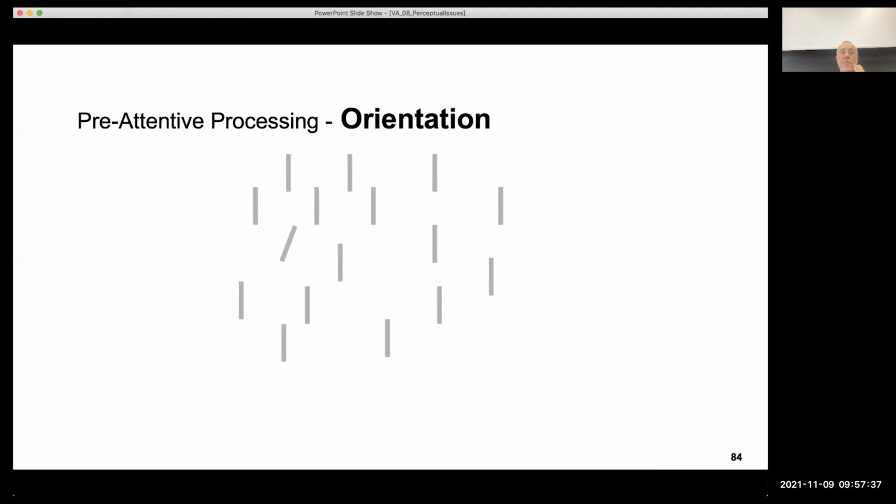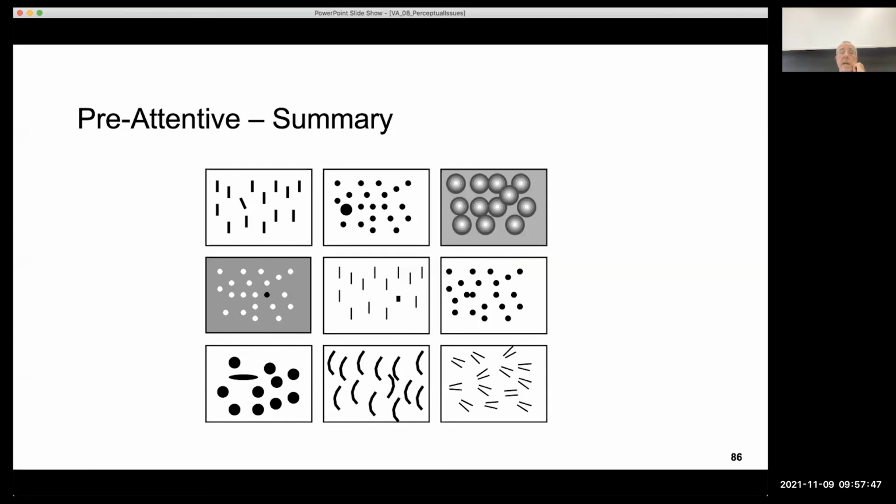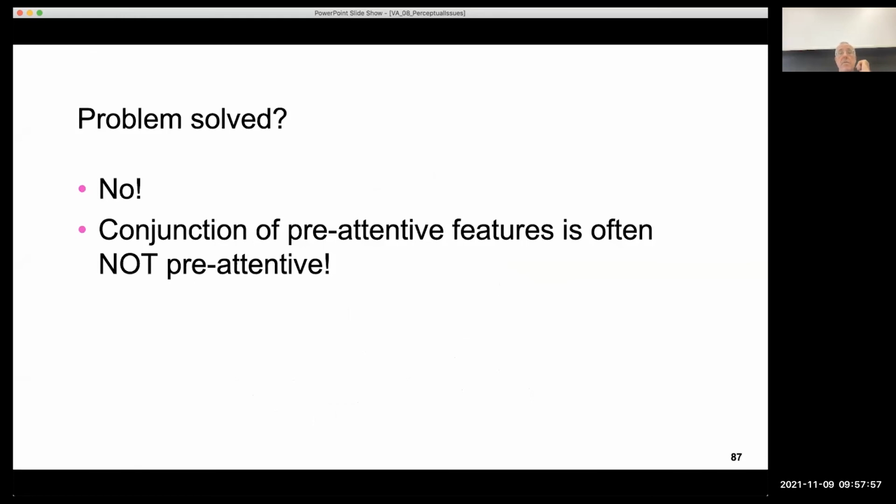Spatial orientation is pre-attentive. The shading is pre-attentive. And there is a summary of the possible pre-attentive features that you can use. And I conclude with this nice point.